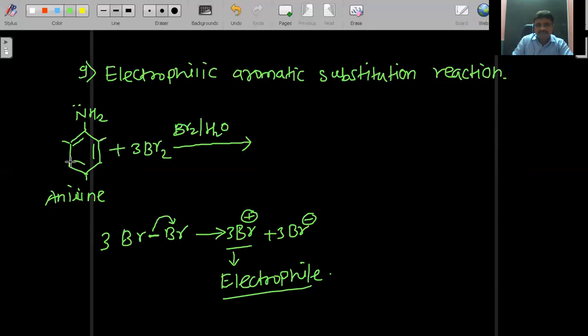So at these three positions Br plus gets attached, and initially hydrogen atoms are present there, so that hydrogen is replaced by bromine. Here one hydrogen is present, here also hydrogen, here also hydrogen. From these three positions, three hydrogens are replaced and three bromines are attached to those positions.